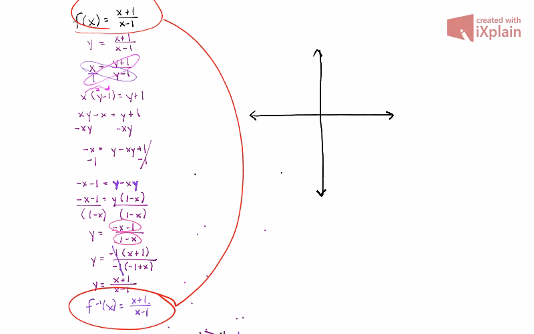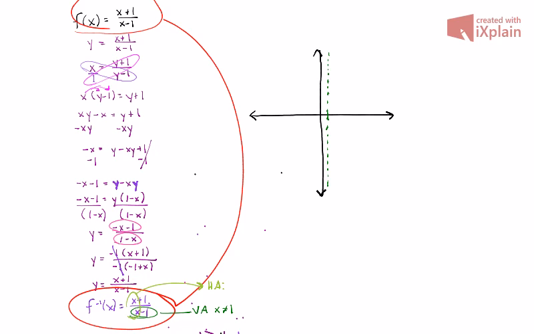So first off, let's note any restrictions. For our vertical asymptote, we can't let x be equal to a positive 1. So I'm going to locate that and dot that in. The next thing we want to do is note the horizontal asymptote.